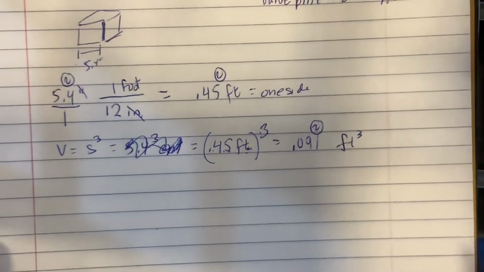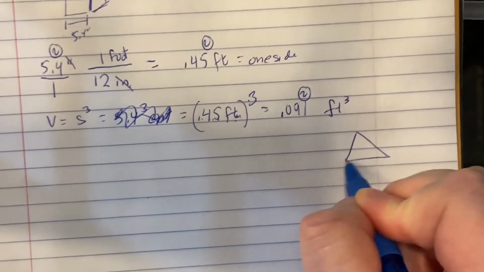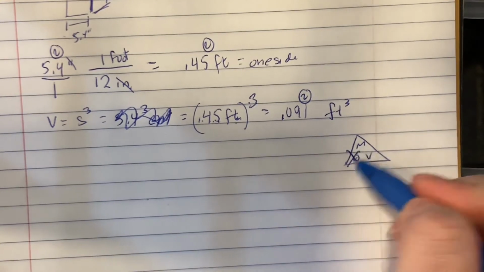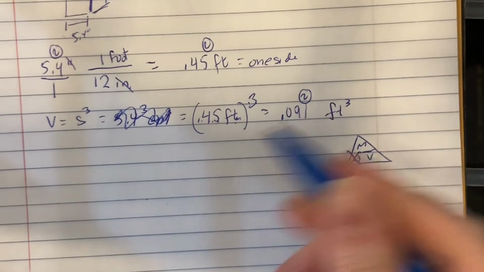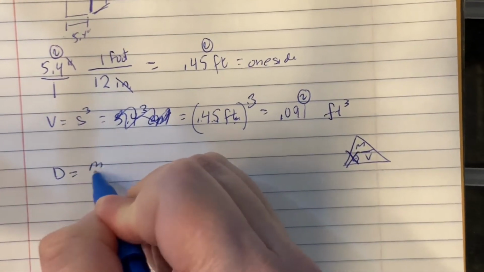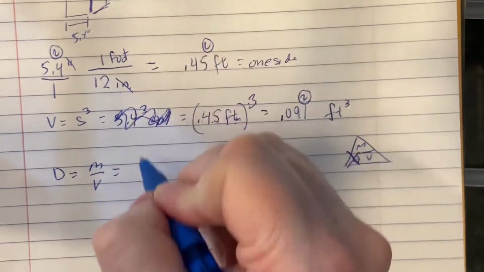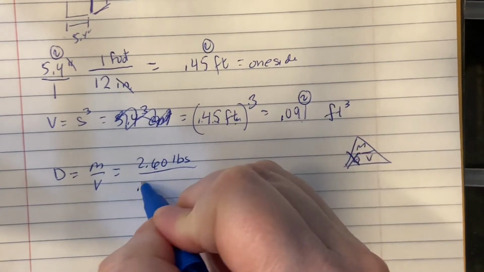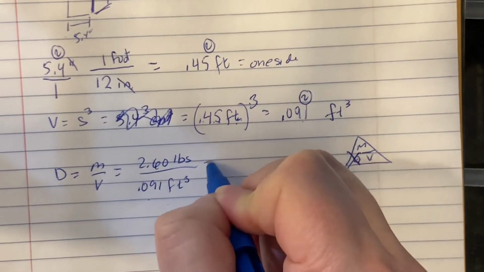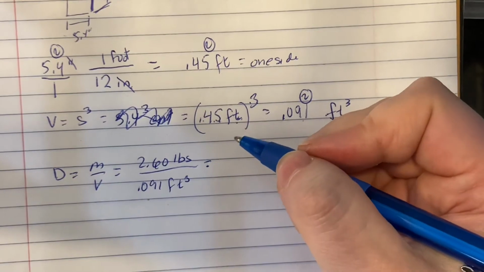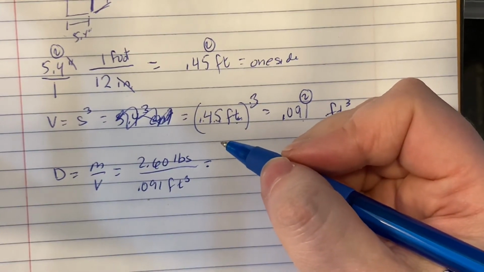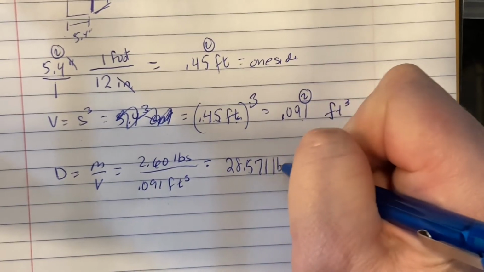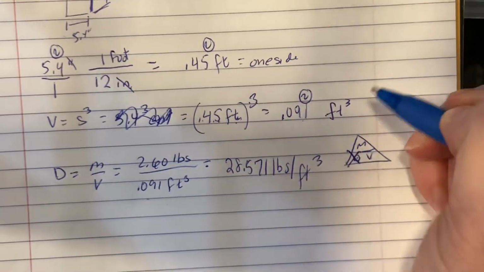So now I can go back to my regular density triangle. I'm finding density, so I cross that out and I'm left with M over V. So density equals M over V. Mass, 2.60 pounds, over volume, 0.091 feet cubed. 2.60 divided by 0.091 gives me 28.571 pounds per feet cubed.